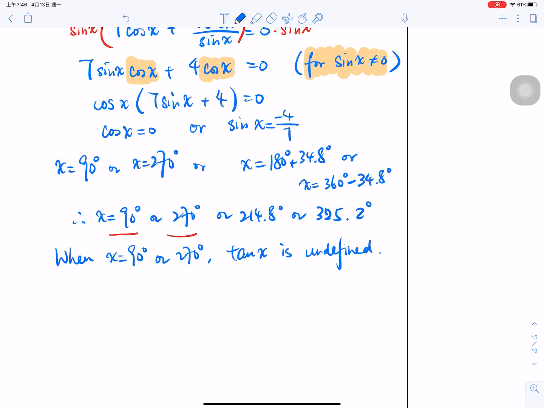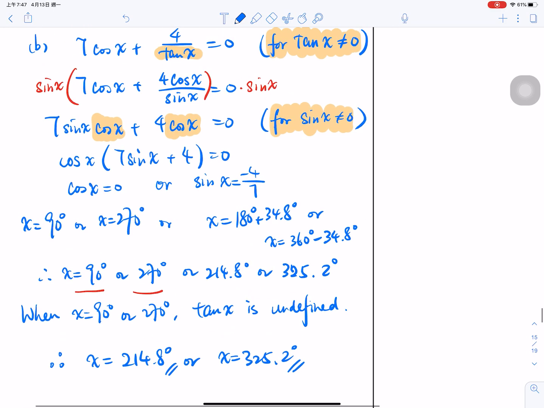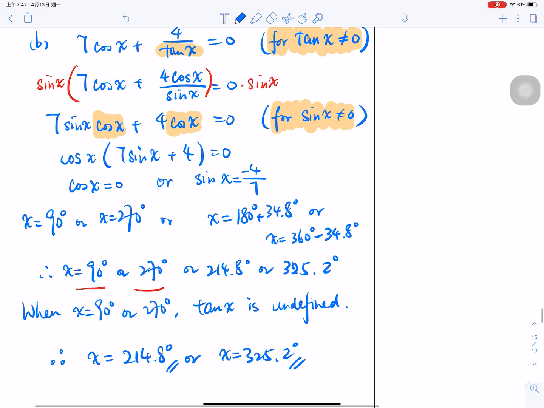Tangent x is undefined. So as a result, x only equals 214.8 degrees or x equals 325.2 degrees only. Okay? So remember to pay attention to the unknown in the denominator.